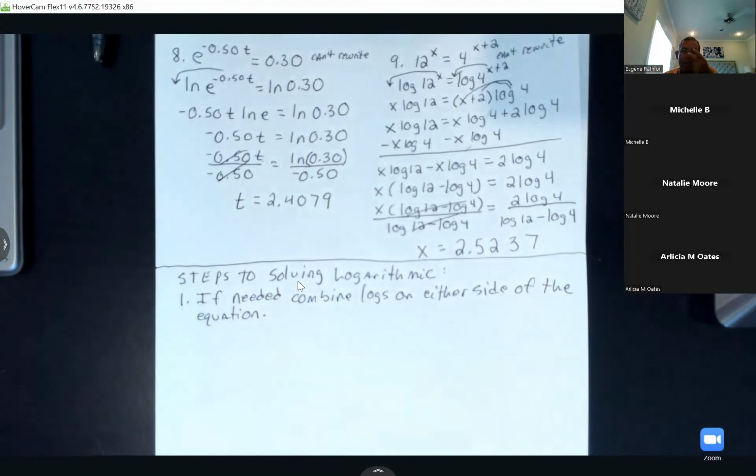If yes, then we're going to invoke what we call the log base property. So if yes, use the log base property.